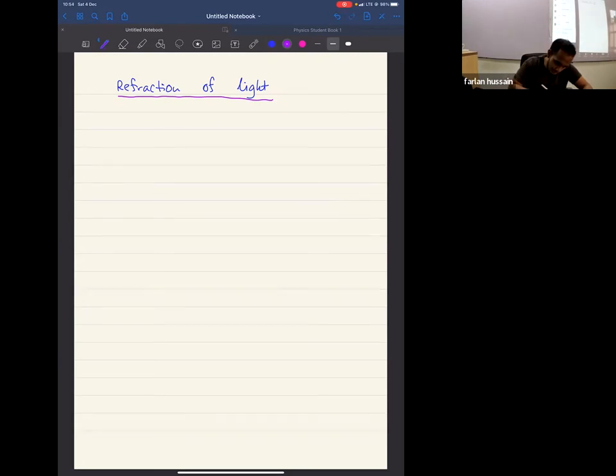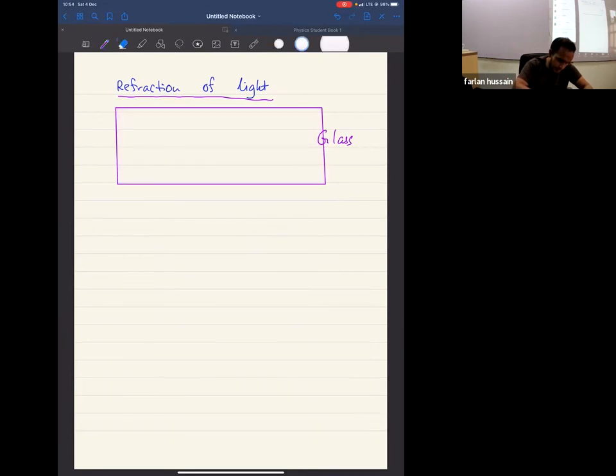Now let's say this is the boundary between two media. This is a glass block, and this is air. The light is falling at this point. We draw a normal here, the line drawn perpendicular to the surface.